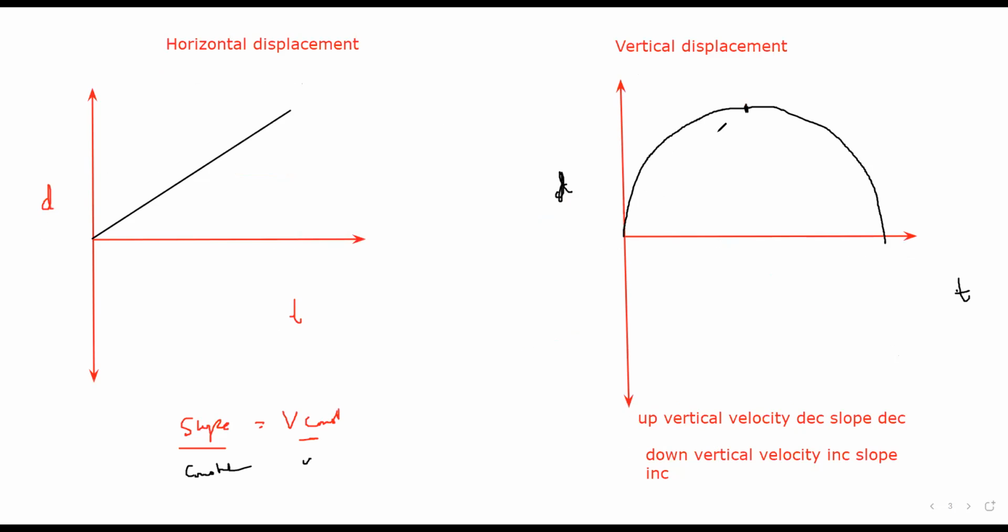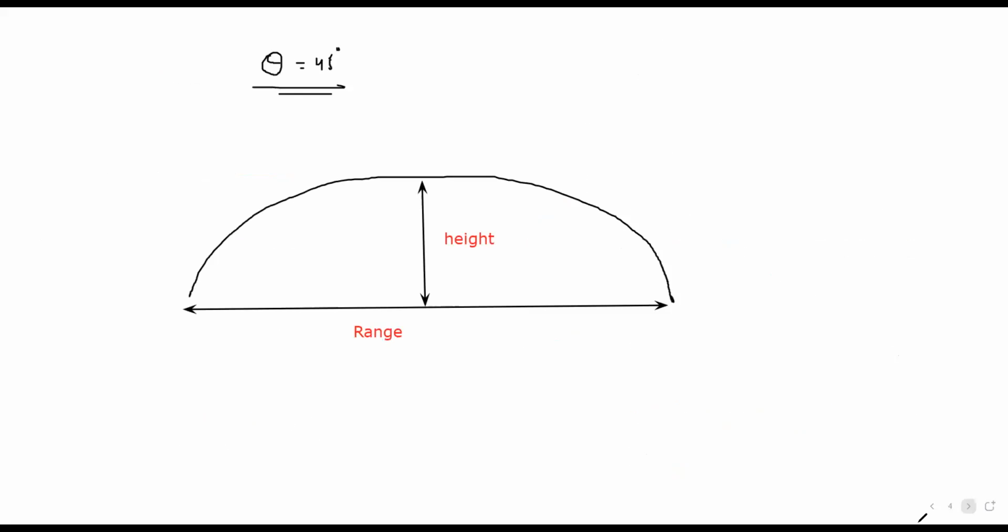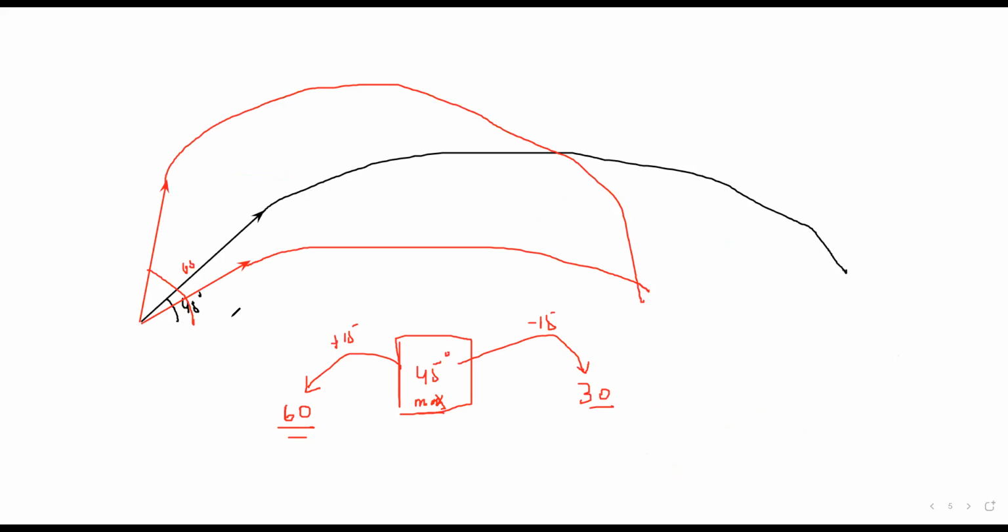This is a displacement time graph. The horizontal displacement continues to increase, but the vertical displacement first increases and then decreases. The horizontal distance traveled by the projectile is known as the range, and the vertical distance is known as the height. The range is maximum when the launching angle is 45.